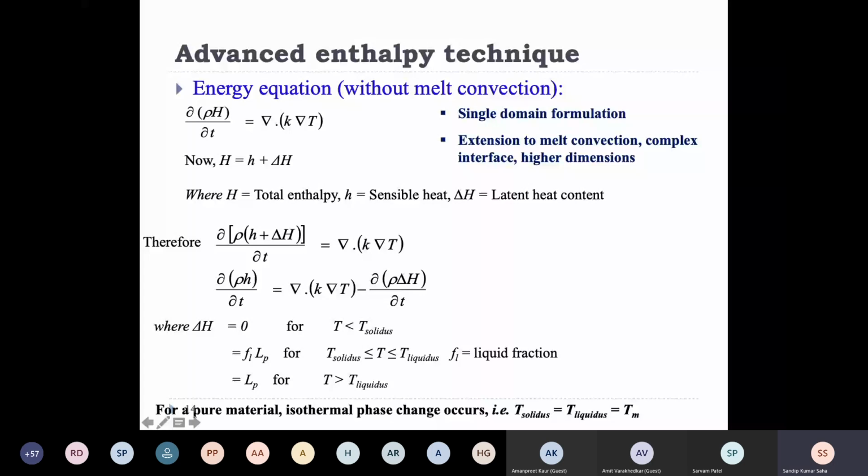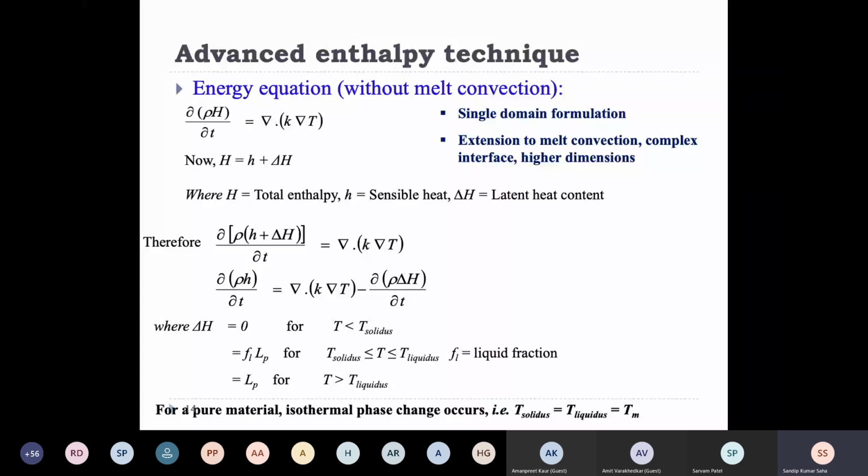Now what is the definition of delta H? To generalize it, if there is a range of melting temperature, then you know the solidus temperature and liquidus temperature. If the temperature of the material is below the solidus temperature, then the latent heat content will be 0.